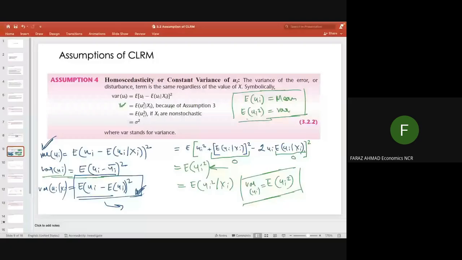If you write expectation of ui, that's the mean. And if you write expectation of ui squared, that's the variance, right? So it's simple to remember, because when you are taking the expectation of something, it's the mean, and when you are taking the expectation of the square of something, it's the variance, right? So that's a statistical mathematical fact.